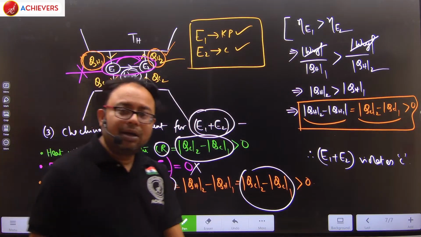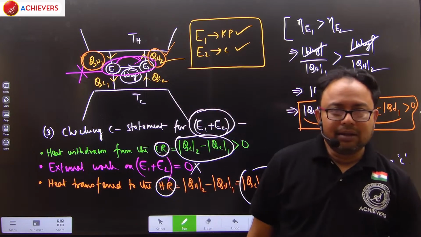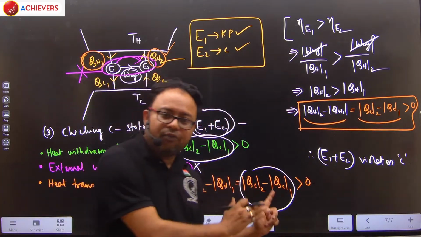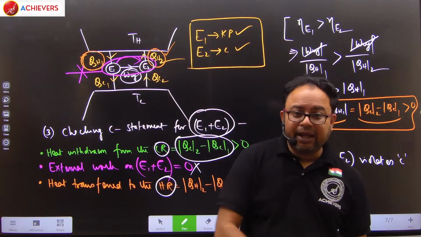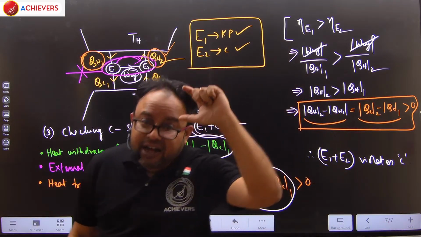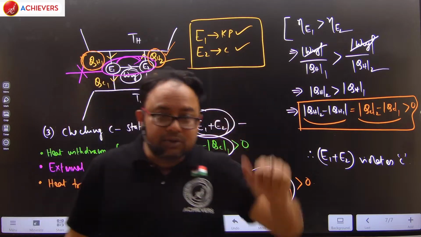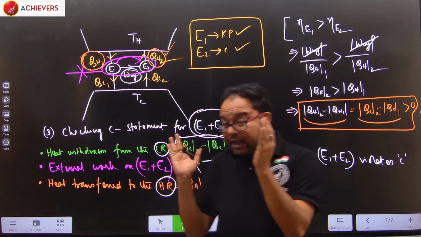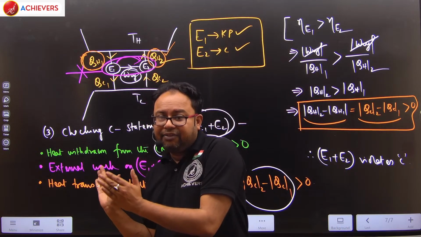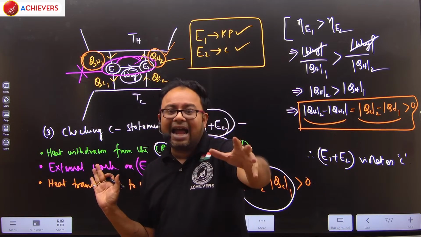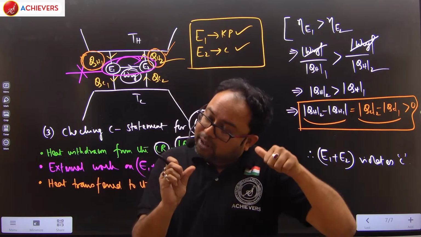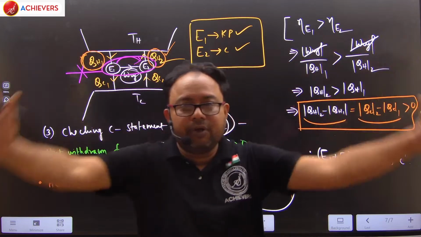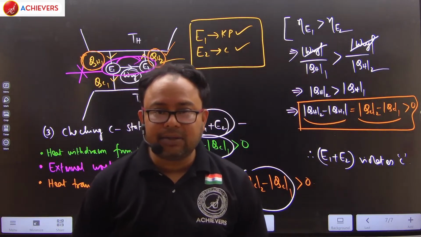That's what Carnot did. And that's why this work of Carnot is considered to be one of the most legendary theories in context to the second law of thermodynamics. Because if this theory was not cracked by Carnot, then it would never have been possible to proceed into the realm of the second law of thermodynamics.